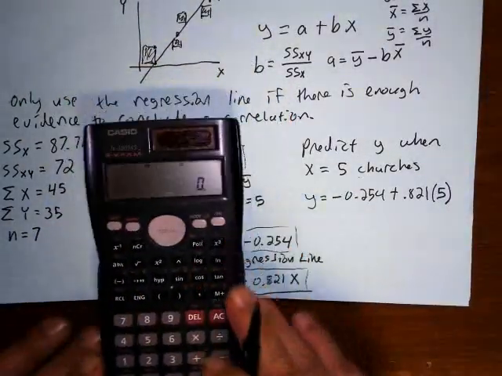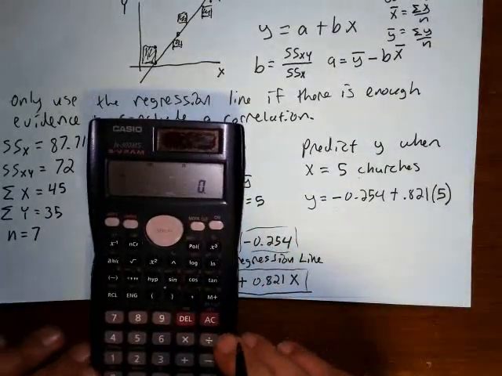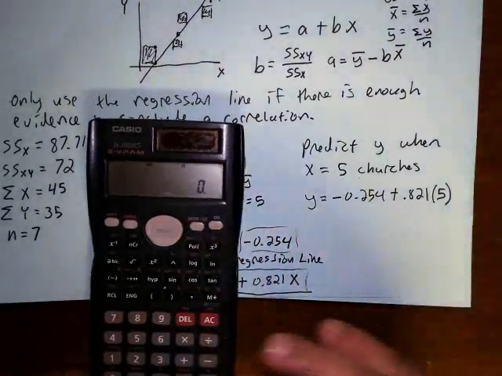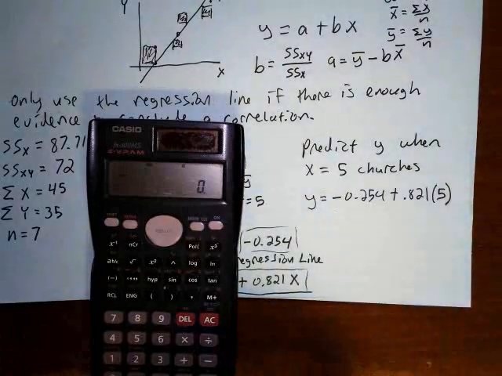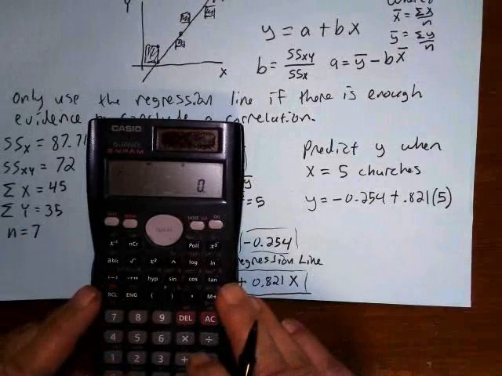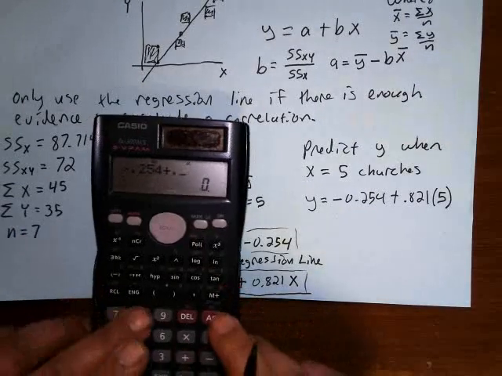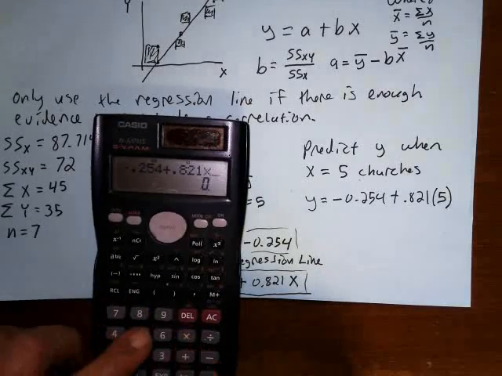And that would give you an estimate of the approximate number of crimes for a town that has 5 churches. Okay? So, negative 0.254 plus 0.821 times 5.